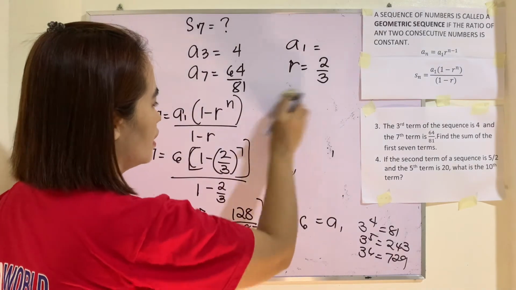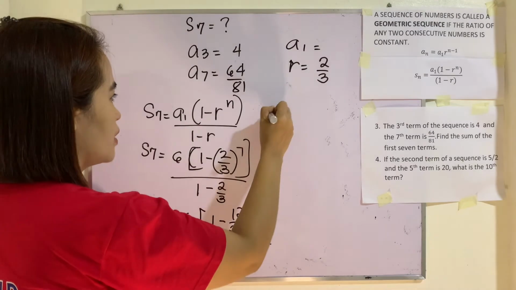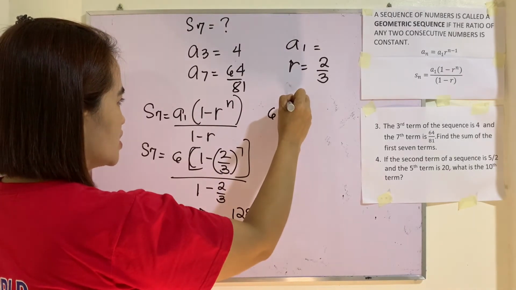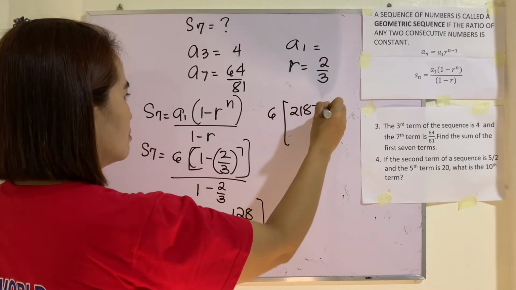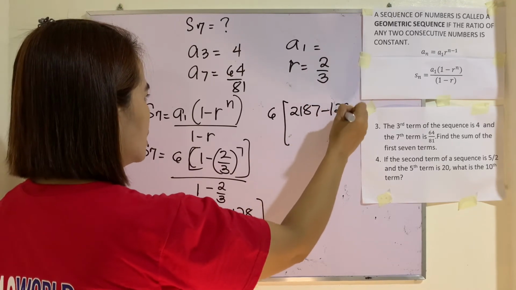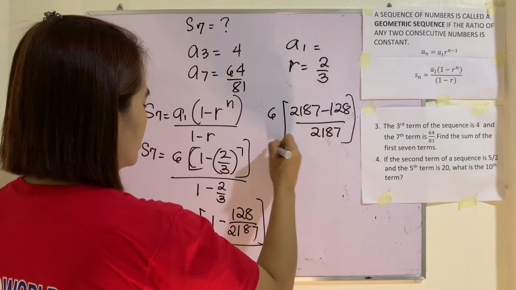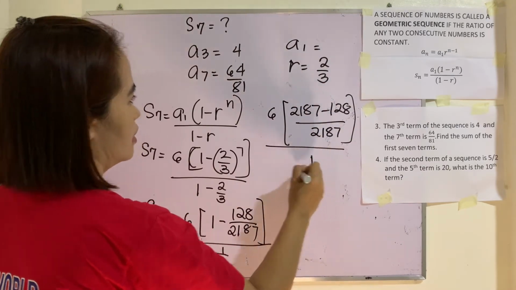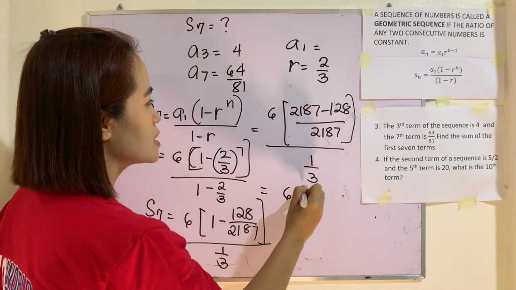To simplify this, get the cross product. This is 6 rather, (2187 minus 128) divided by 2187, divided by 1 over 3. So this is equal now to 6.